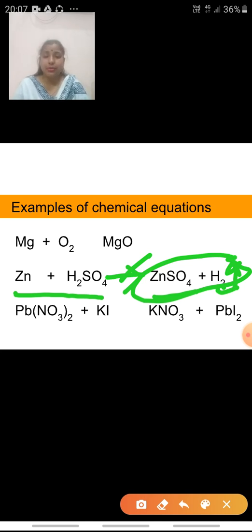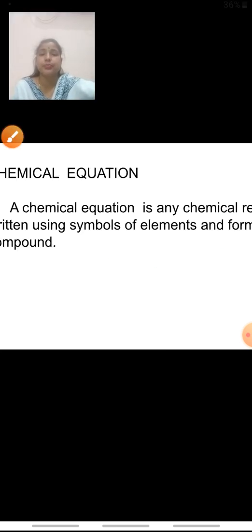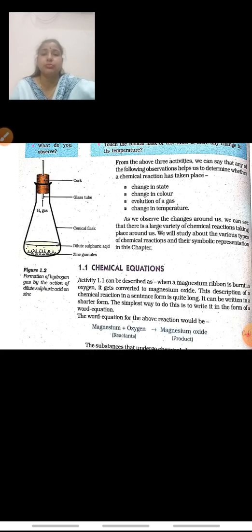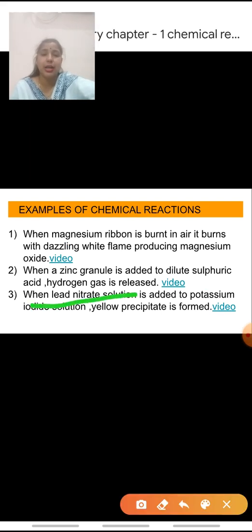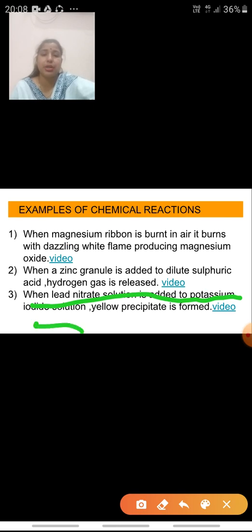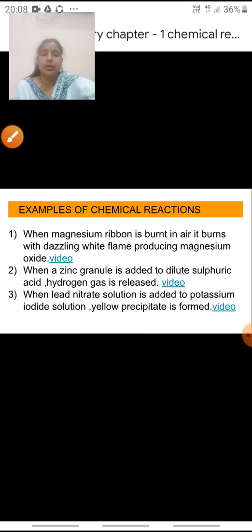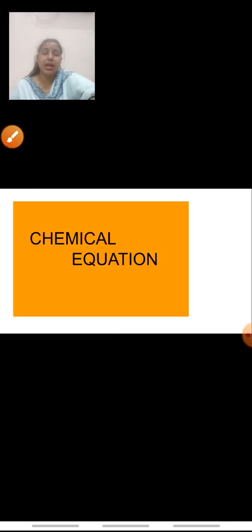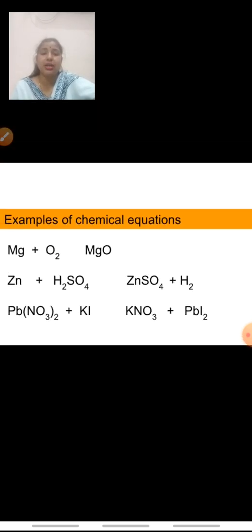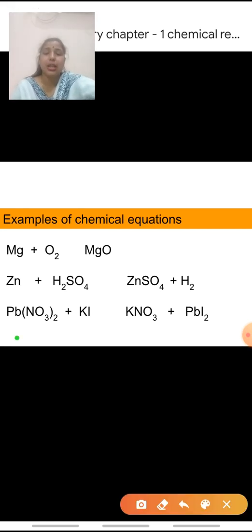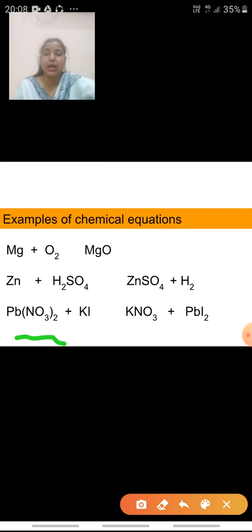Now, the third example that we have taken for the chemical reaction was when lead nitrate solution is added to potassium iodide, a yellow PPT is formed. Children, the same chemical reaction I have written in the form of a chemical equation. In the chemical equation, you all can see lead nitrate is a reactant written on the left hand side of this arrow.